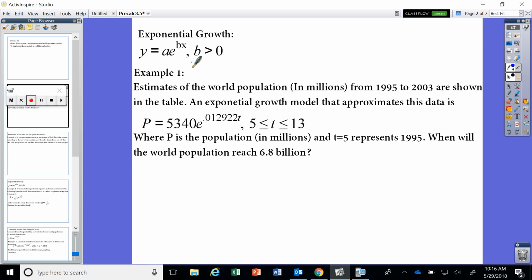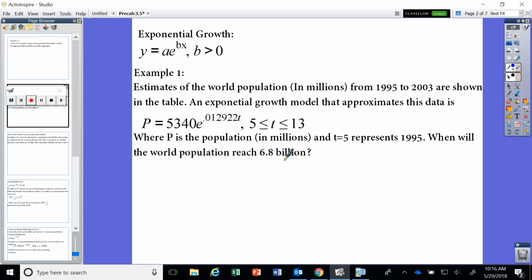We've condensed it down, so 6.8 billion is going to be represented as 6,800, as that is what the model shows us, because 6,800 millions is 6.8 billion.